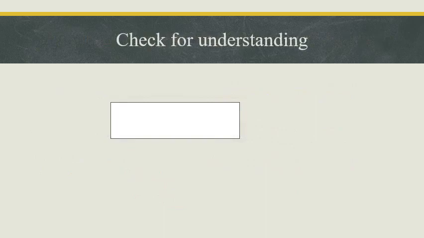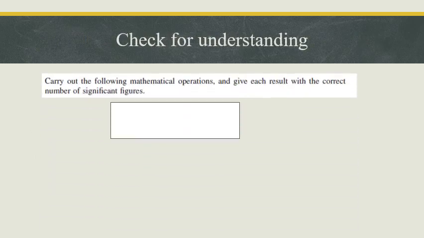So now, check for understanding. Carry out the following mathematical operations and give each result with the correct number of significant figures. You can do estimation. You don't have to use your calculator. So let's see, 21 minus 13.8.